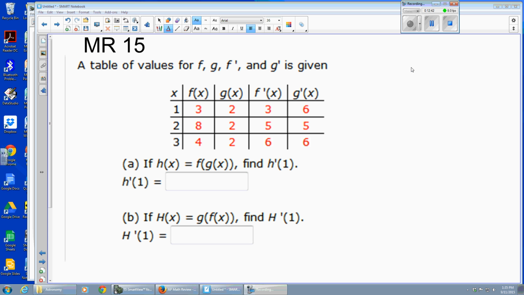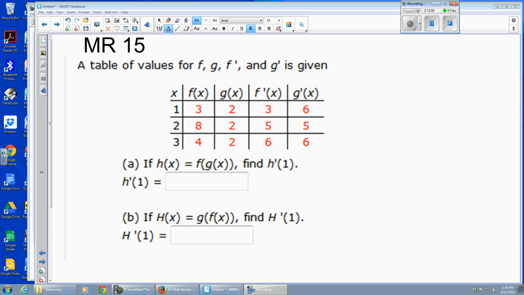And I'm going to pause here just to record. So what we want to do here is we want to take the derivative of h at the value x of 1. Okay?